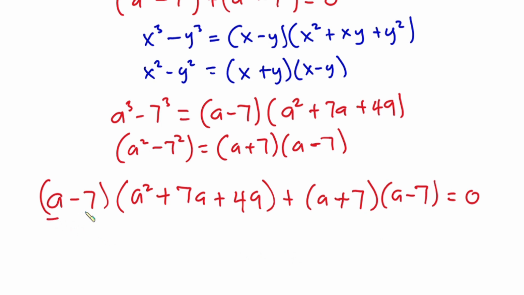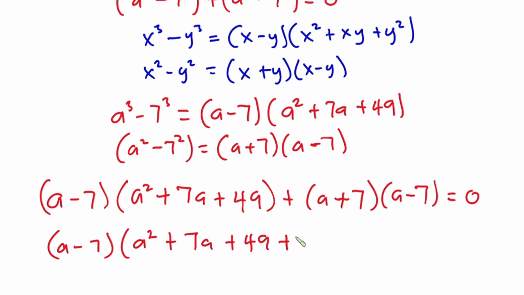Now you can see we have a minus 7 here, then a minus 7 here as well. So let's factor it. We have a minus 7 times a to the second power plus 7a plus 49 plus a plus 7, and this is equal to 0.